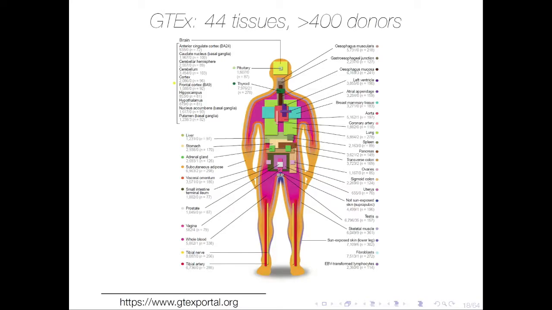We initially tested this methodology out using the data from the GTEx consortium. This is a large NIH-funded RNA sequencing project where they did RNA sequencing on 44 different tissues in over 400 donors. And the data is publicly available.